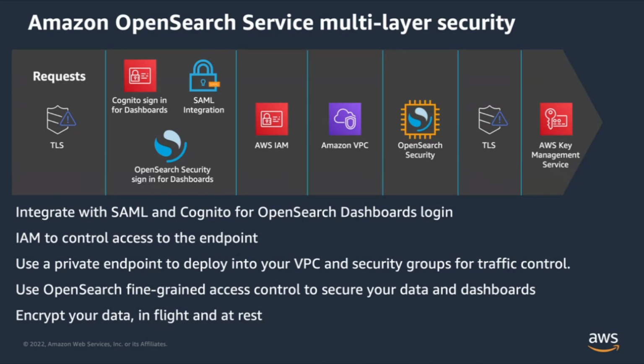We also have a sign-in experience if you're using OpenSearch Dashboards that can come either from Cognito, your SAML provider, or from OpenSearch Security's plugin itself to provide a sign-in for your users. We have at the edge of the cluster AWS IAM. This is a policy that you put on the domain.